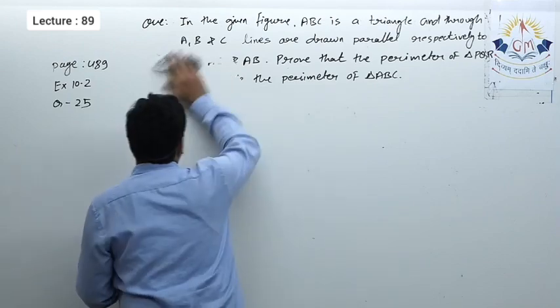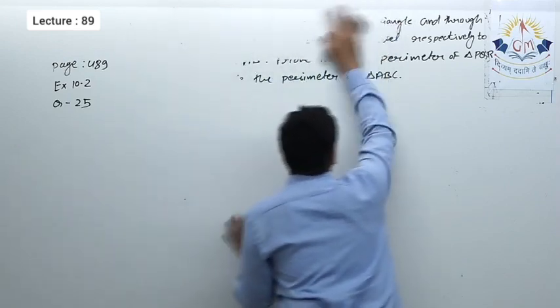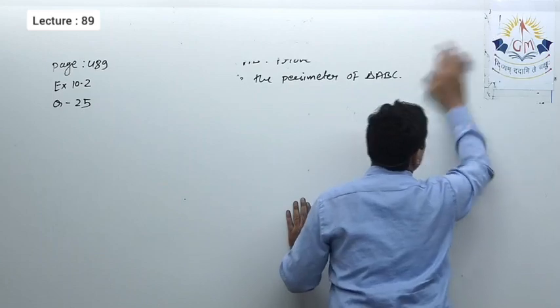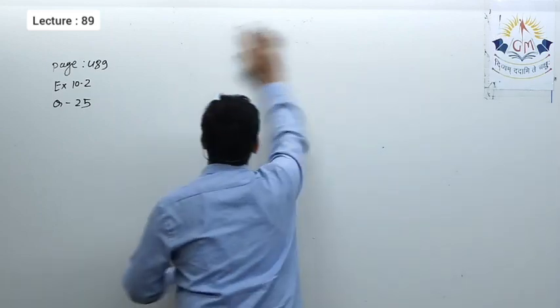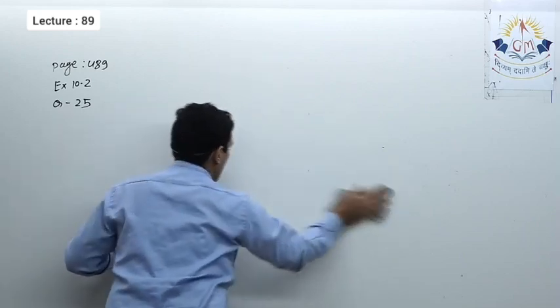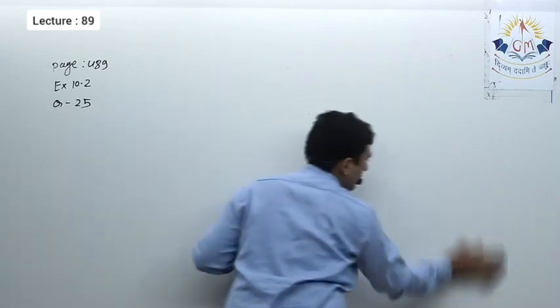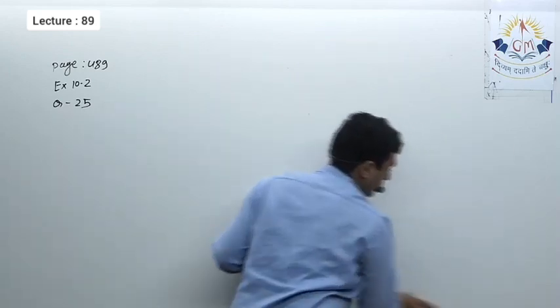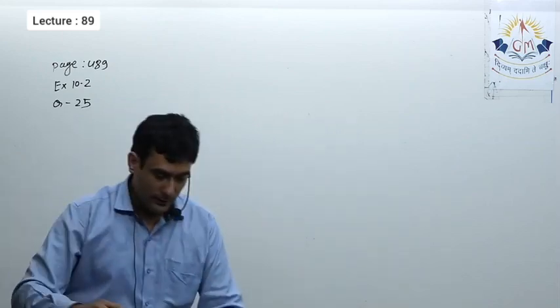So next we will see the intercept theorem and its converse, and after that the midpoint theorem and its proof, then the converse midpoint theorem and its proof. So let us start with the intercept theorem.